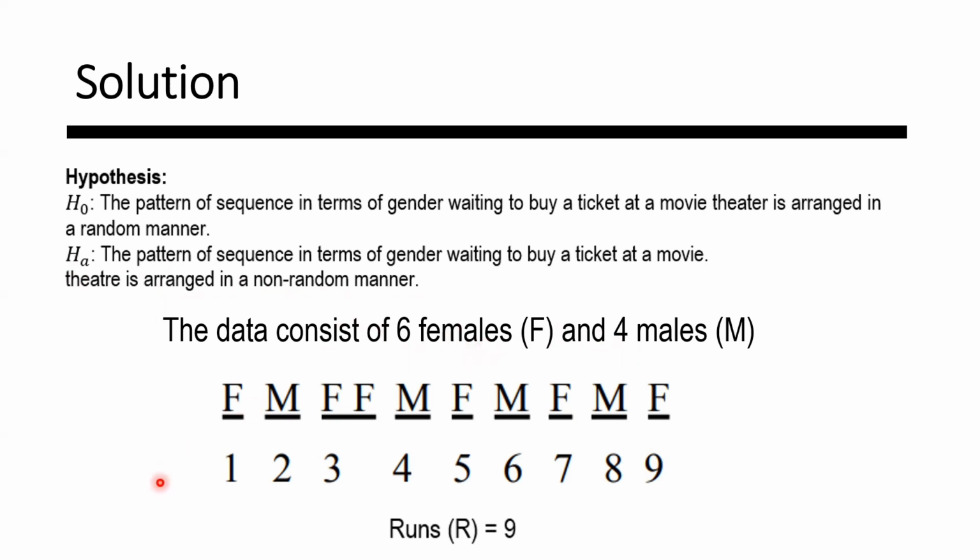And the next step is we compute the value of the runs. So 1, 2, 3, 4, 5, 6, and so on. Hence, the value of runs is equal to 9.